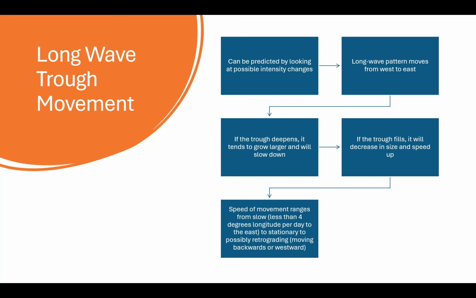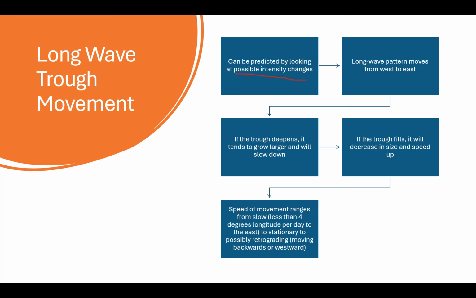And the speed of movement of long wave troughs generally ranges from slow, less than 4 degrees longitude per day to the east, to it can also remain stationary in the long wave pattern, possibly even retrograding, which means it's moving backwards or westward. So there's a lot of interesting thoughts on this slide as far as long wave trough movement. You got to look at this intensity change here. Okay, got to look at that first.